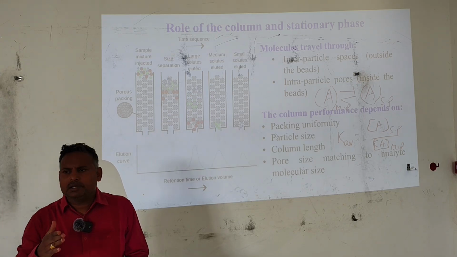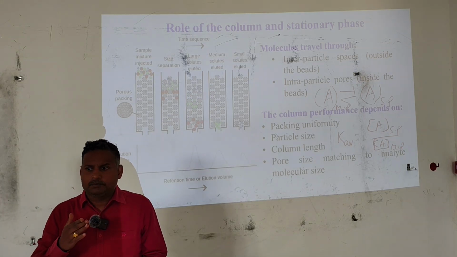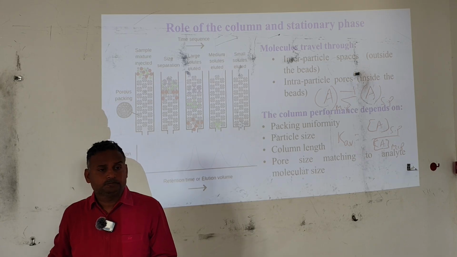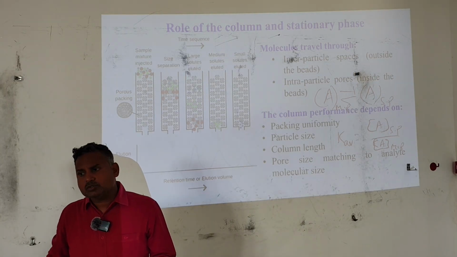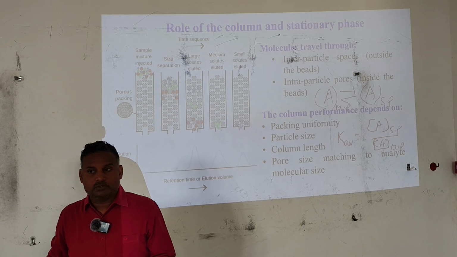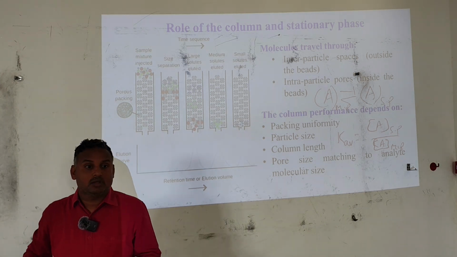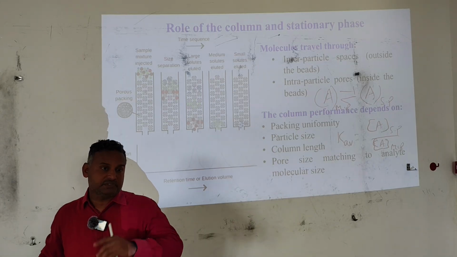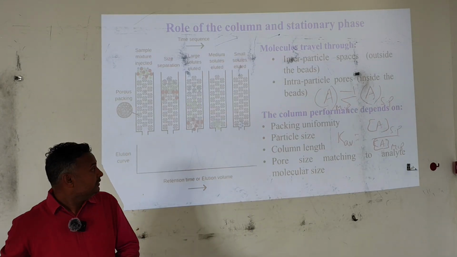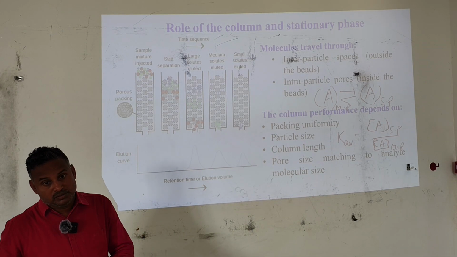Of course, these are all available in the market, and of course they are the same. Of course, we can buy the column directly, in which there are different types of stationary phases. Column length is also important.